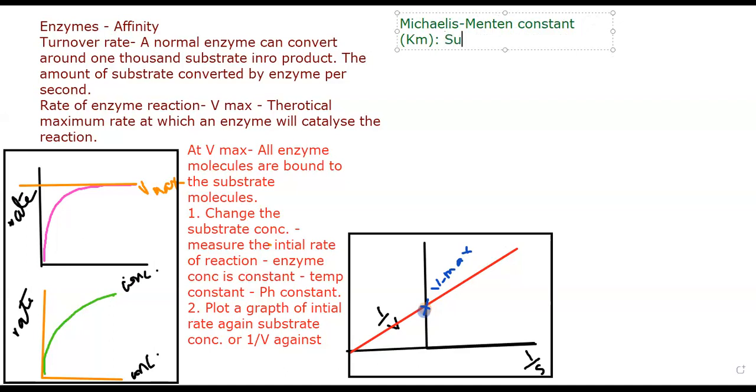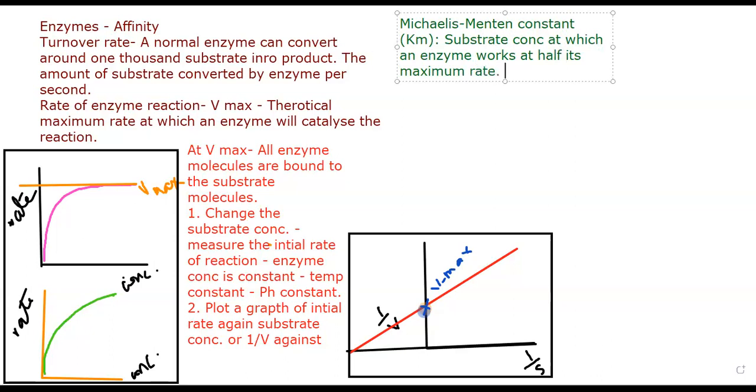Michaelis-Menten constant is the substrate concentration at which an enzyme works at half its maximum rate.